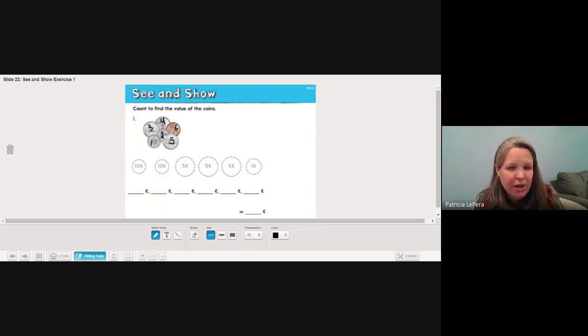So the first coin is a dime, and that is 10 cents. And then I have my imaginary plus sign, so 10 plus 10 is 20 cents. Here's my plus sign. 20 cents plus 5 cents is 25 cents.